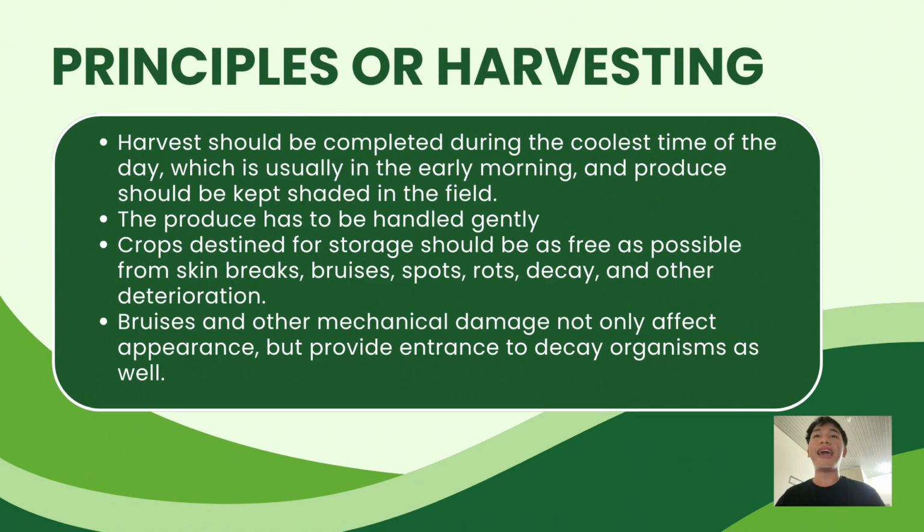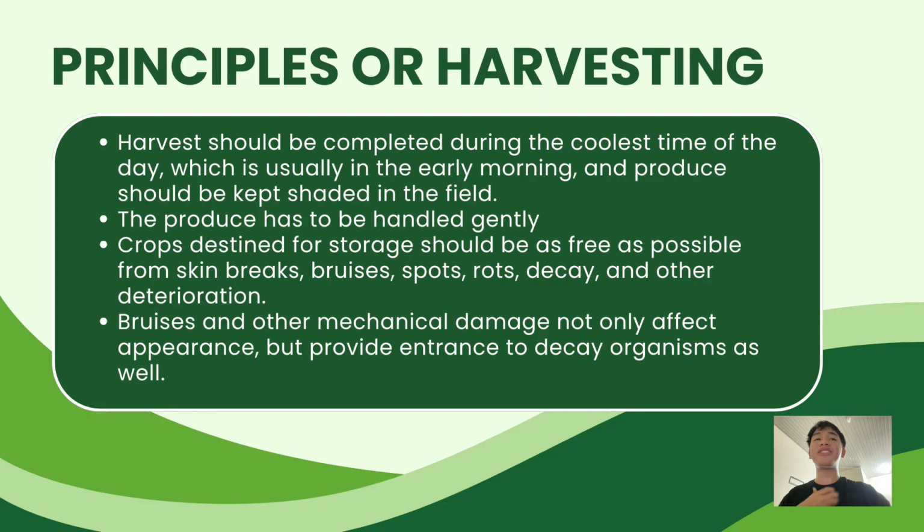Harvest should be completed during the coolest time of the day, which is usually in the early morning, and produce should be kept shaded in the field. We can see that we should harvest at the coolest time so the produce does not spoil quickly and its lifetime is longer. That is why we choose to harvest in the mornings. And for our farmers here in the Philippines, who practice manual harvesting, it is very hot at noon, so it would be bad to harvest at midday.